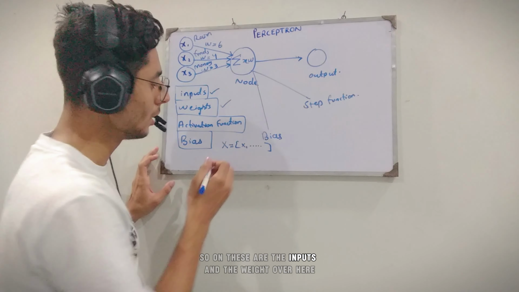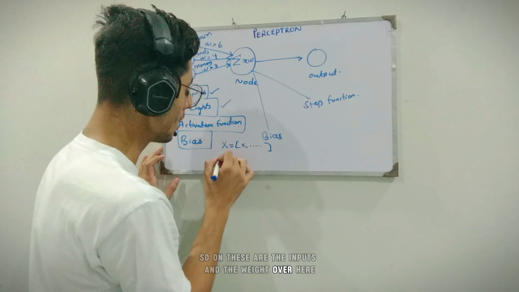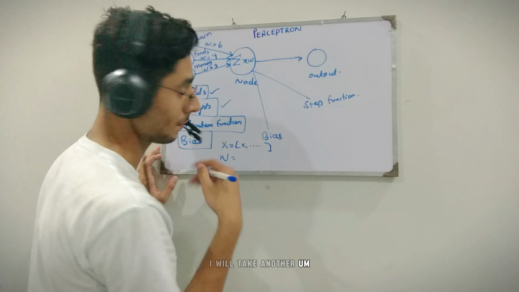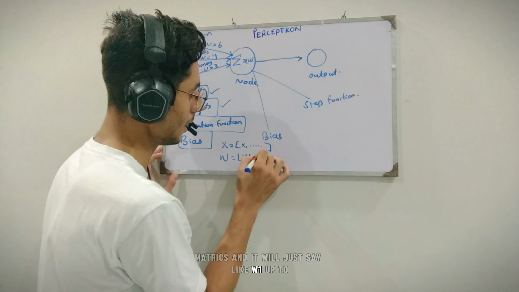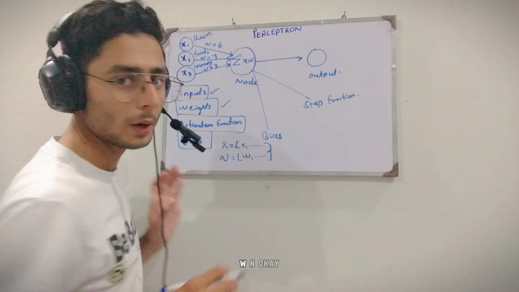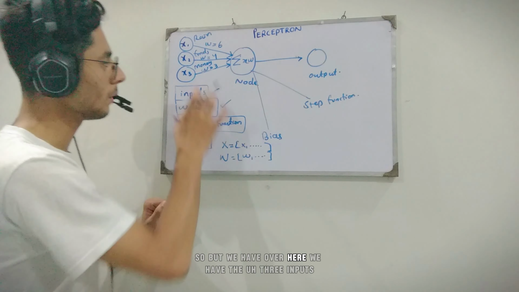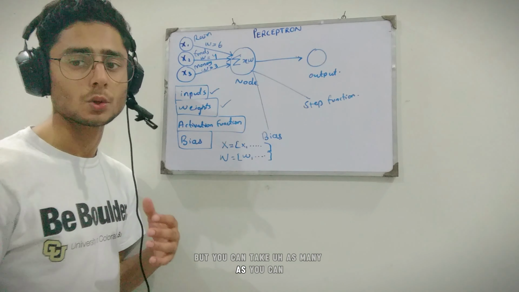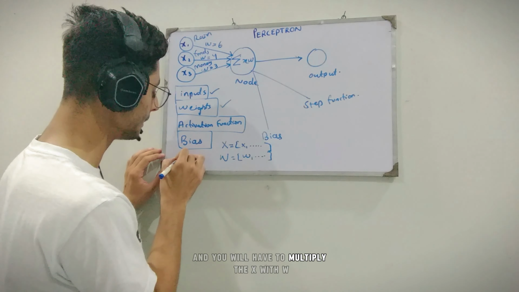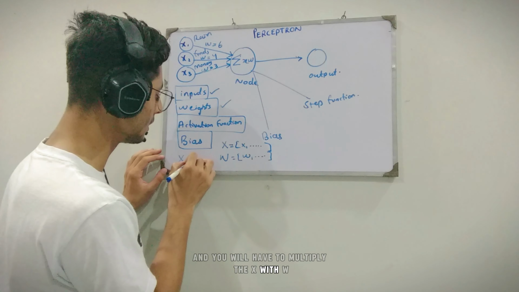And for the weights, I will take another matrix, w1 up to wn. We have three inputs here, but you can take as many as you want, and you will have to multiply x with w.